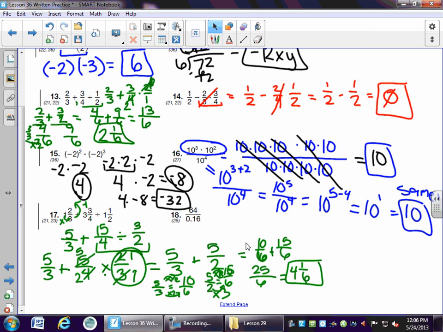All right. The last one, 64 divided by 0.16. I'm going to do the work over here in the blank spot.